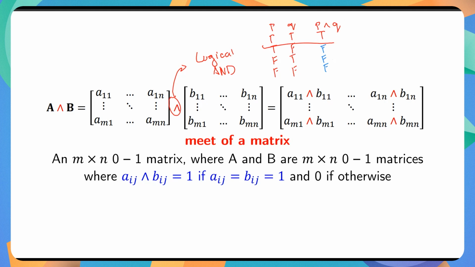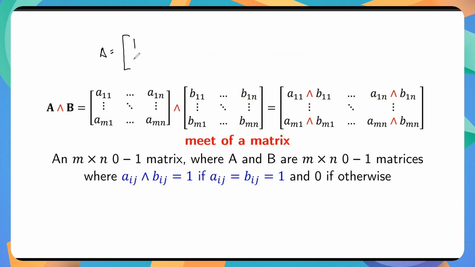So let's have a simple example. Let's say that A is 1 0 0 0 1 1, and suppose that B is 0 0 1 1 1 1. They both have to have the same dimension, like adding matrices.